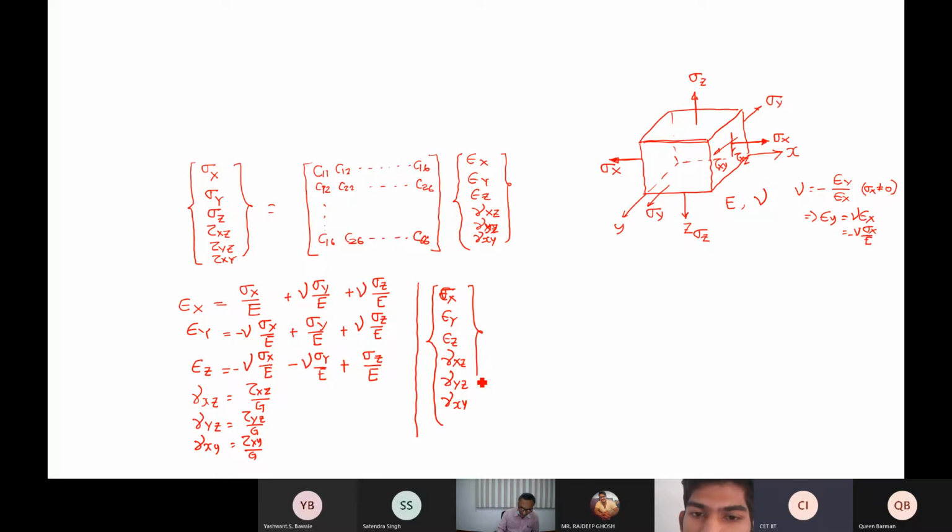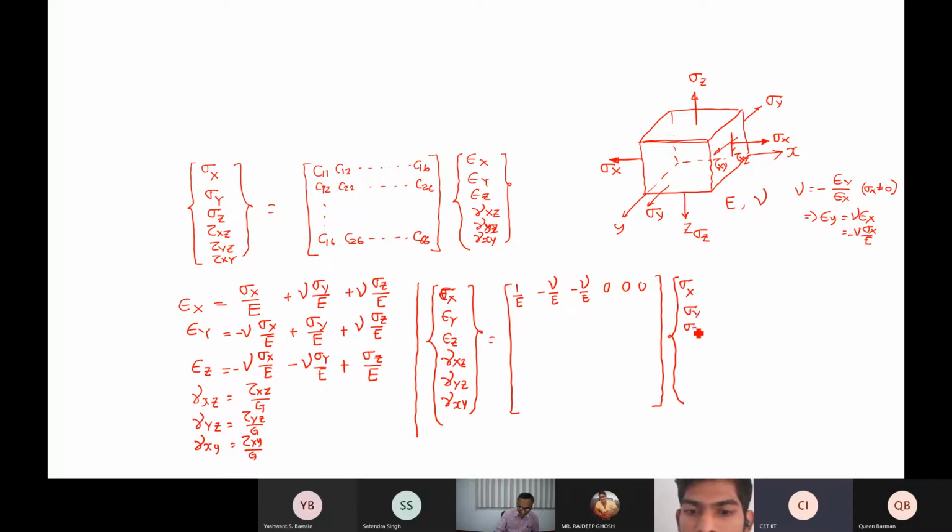We can write in matrix form is equal to, just see, 1 by E, minus nu by E, minus nu by E, 0, 0, 0, multiplied by sigma x, sigma y, sigma z, tau xz, tau yz, tau xy.